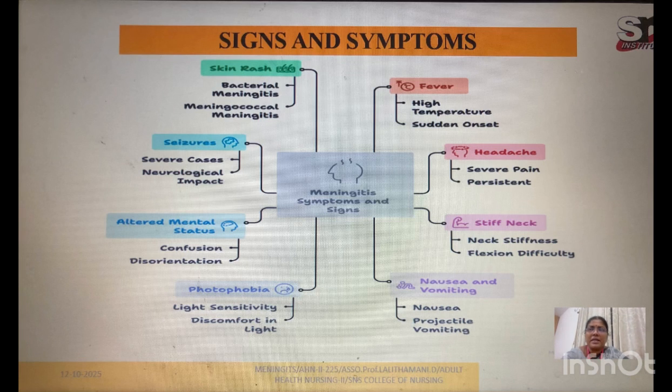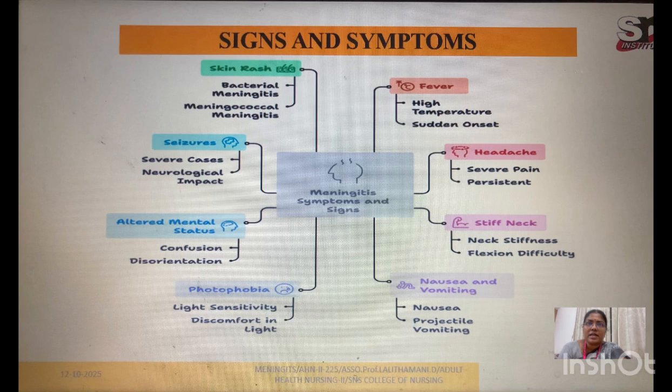Then what might be the signs and symptoms of meningitis? There are many signs and symptoms which affect the neural response and the entire homeostasis of the body.